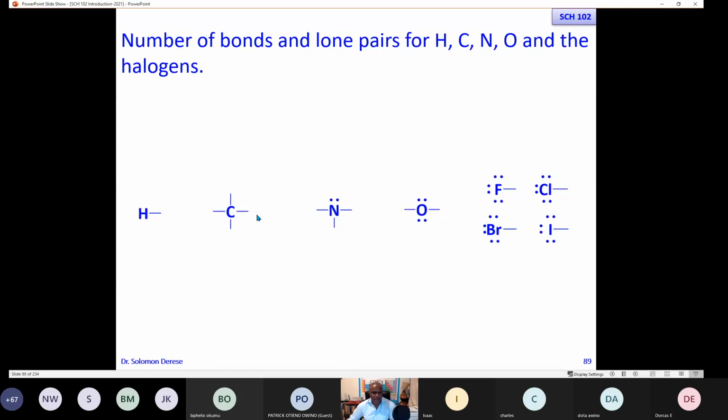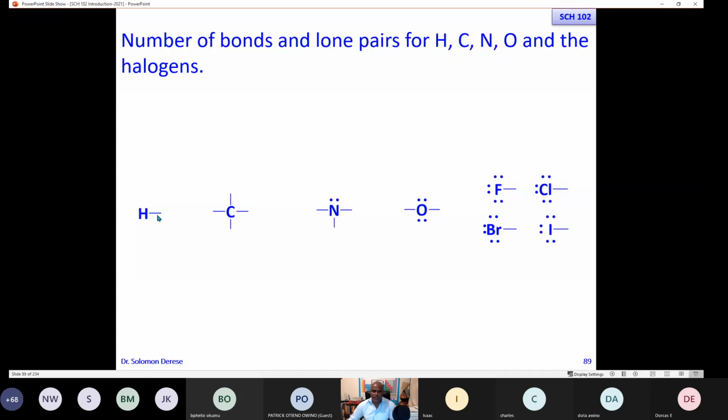These are hydrogen, carbon, nitrogen, oxygen, and the halogens. Now, if you take hydrogen, hydrogen has 1 electron in its valence shell.